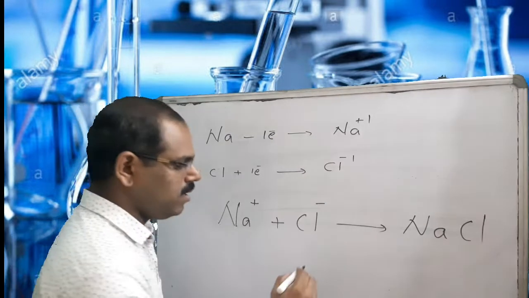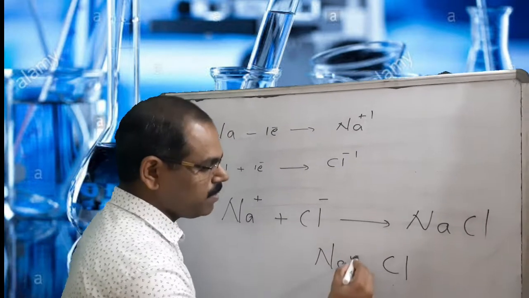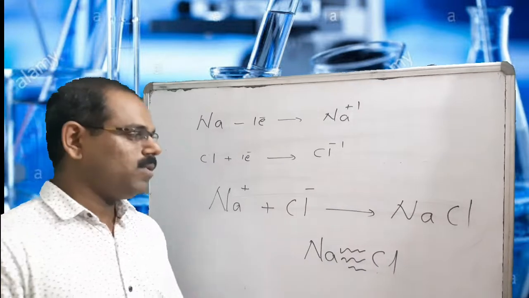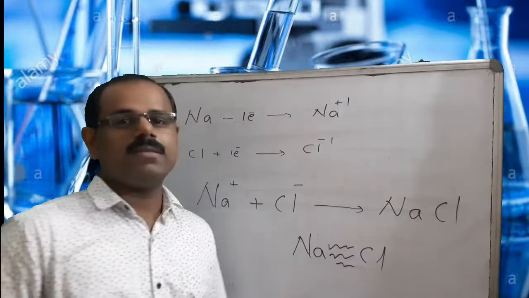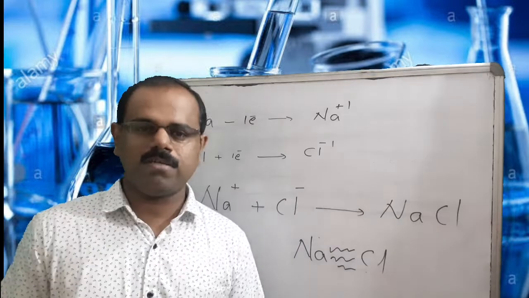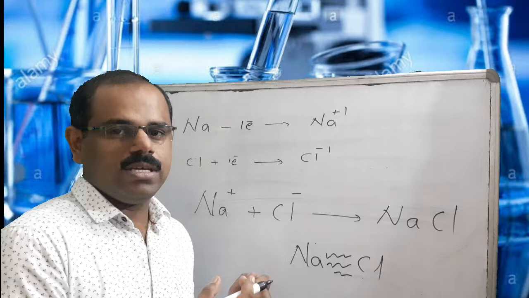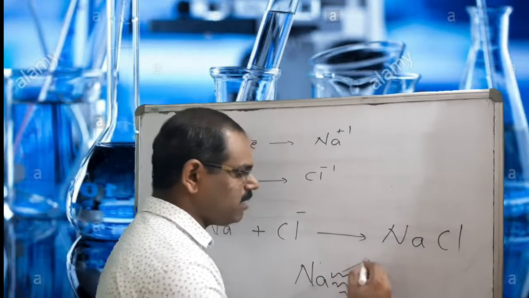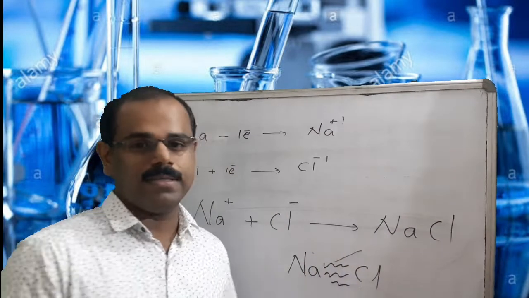That means between sodium and chlorine there is a bond, there is an electrovalent bond, or we say there is an attraction between two opposite charges, sodium with a positive charge and chlorine with a negative charge. There is an attraction between the opposite charges making sodium attach towards the chlorine. So we call this bond an electrovalent bond, or we call it an ionic bond.